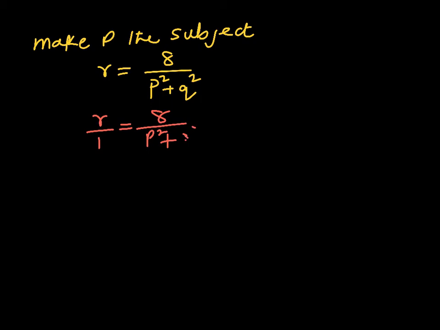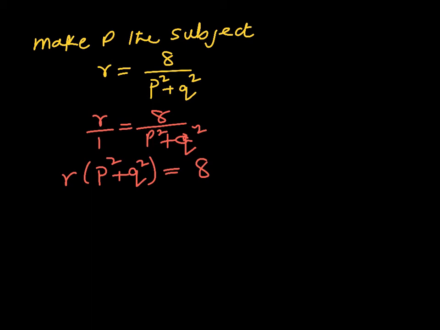So we want to cross multiply. This becomes R into P squared plus Q squared is equal to 8. 8 times 1 is 8, isn't it?